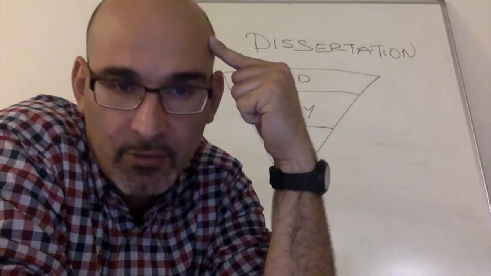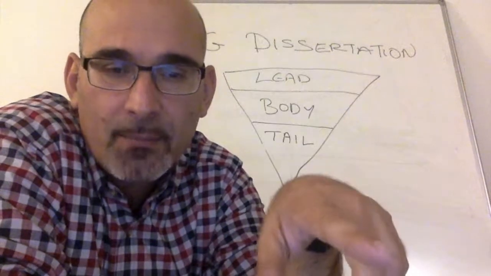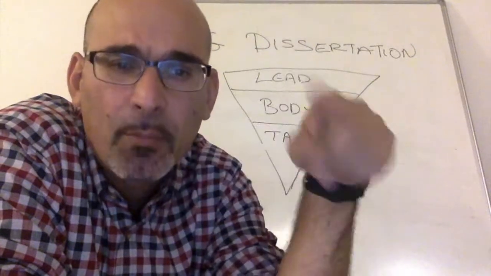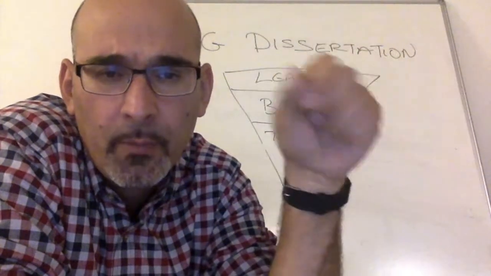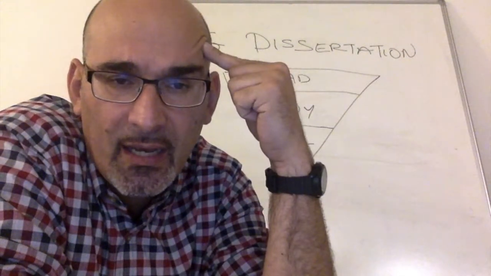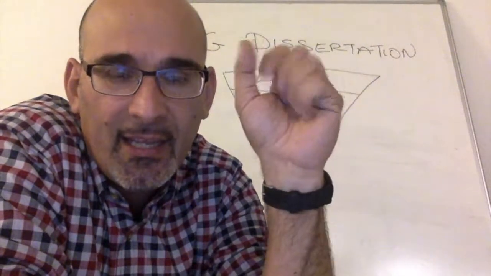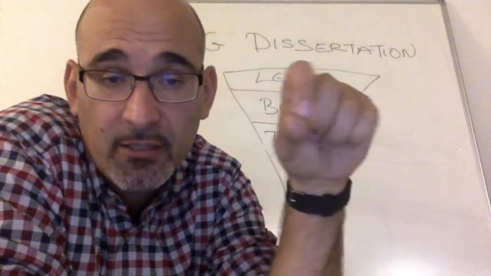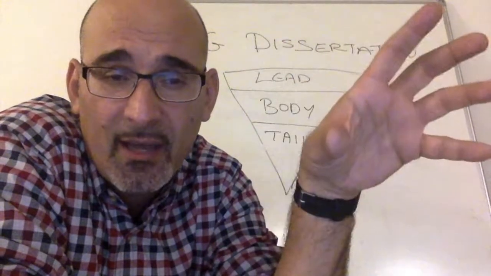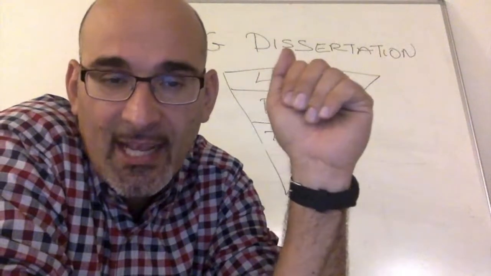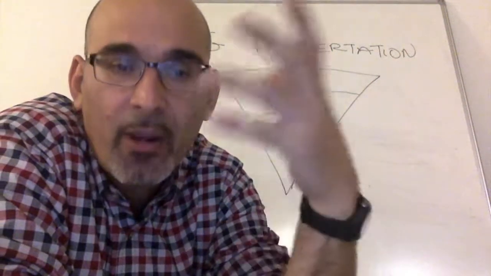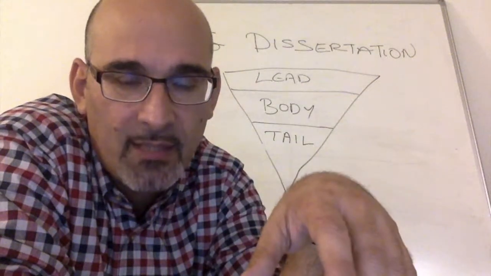The final tip that I didn't say I would do, but I give this to all my students, is create a table. And in one column, you might have the authors. In the other column, you might have the key findings of what they're suggesting in the different articles. In another column, you might have the methods that they used. And you can use that table in your research methods to defend your methods.